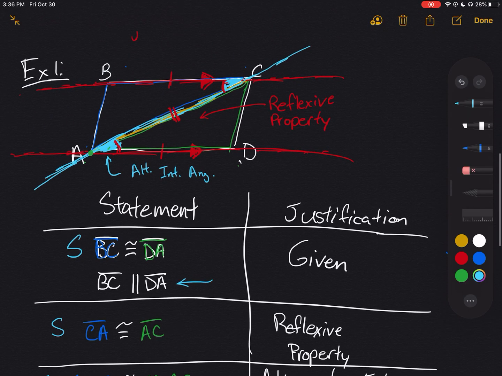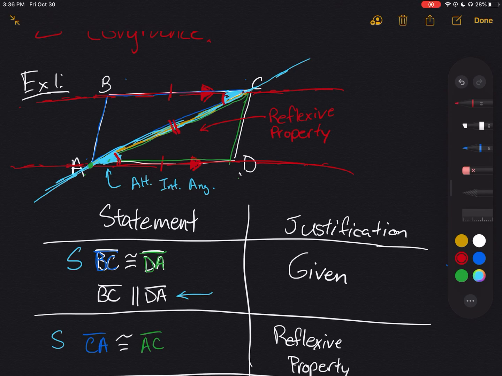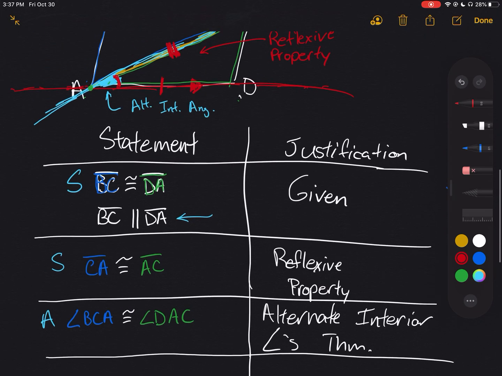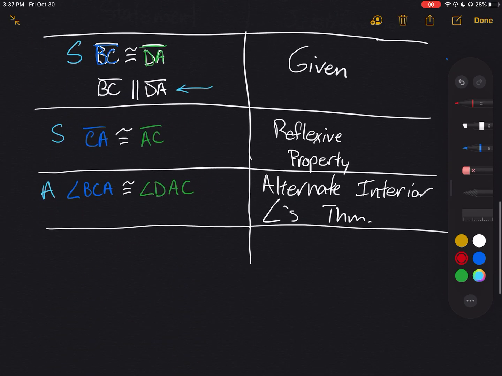So if I go back up to my picture, I proved a side, I proved an angle and a side, and side, angle, side is congruent to each other. So because I've done that, then I have agreed that if I prove side, angle, side, then it gives me congruence. So I can make my final statement, which is these two triangles are congruent to each other.